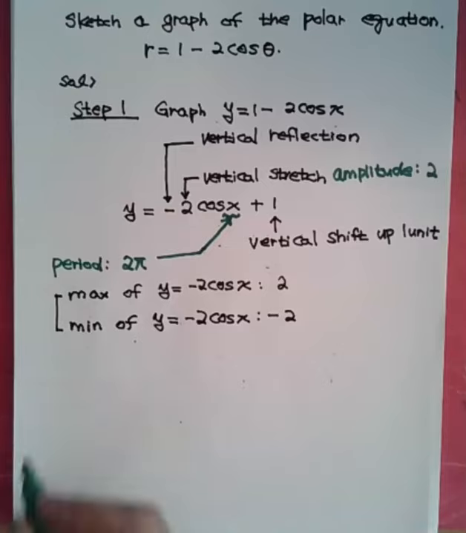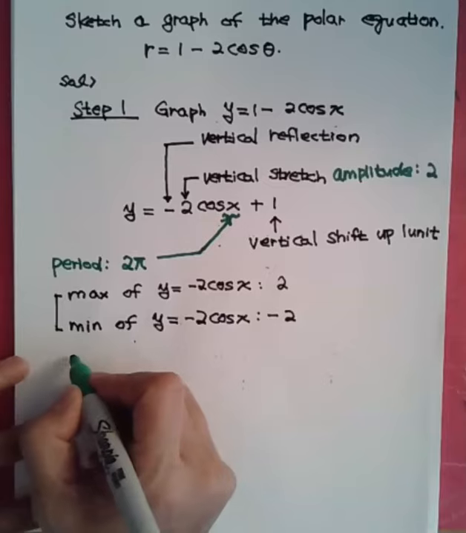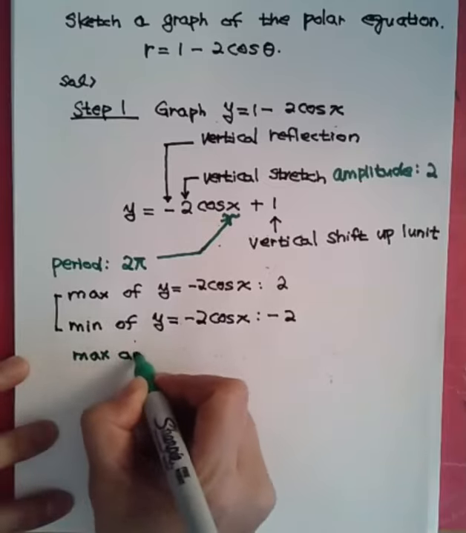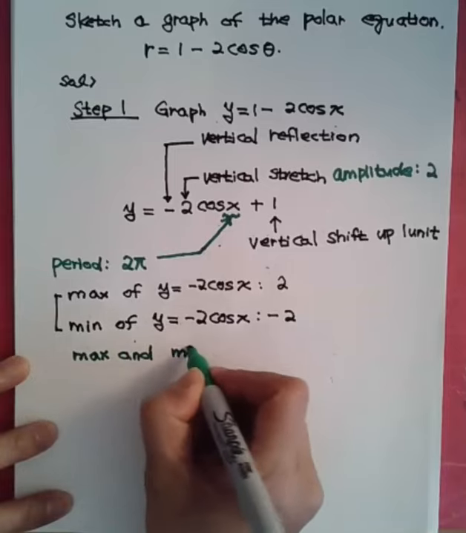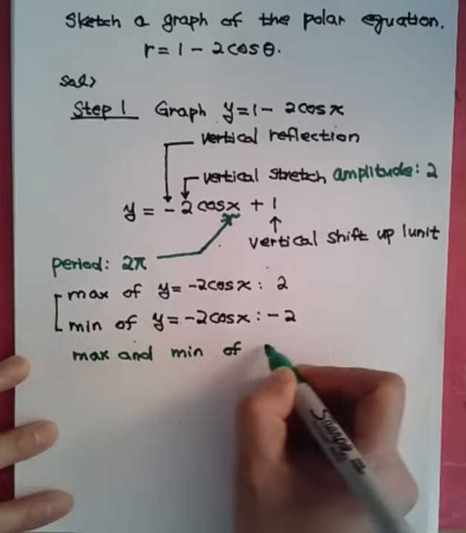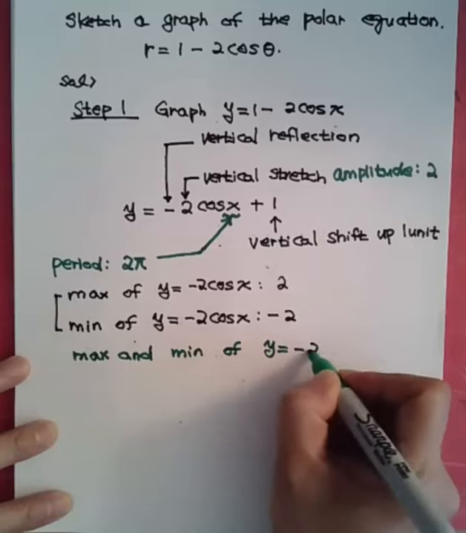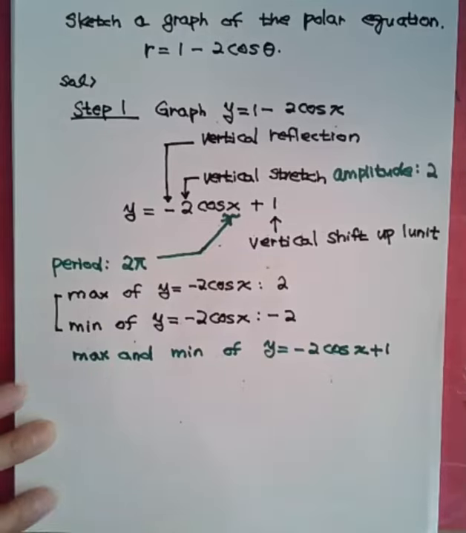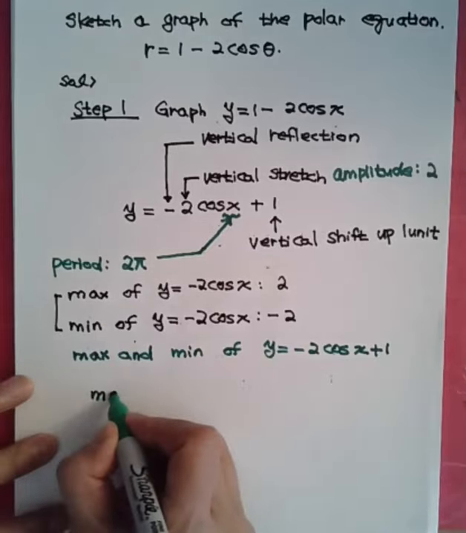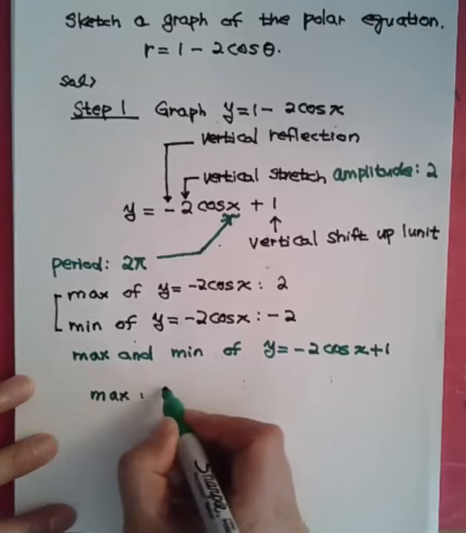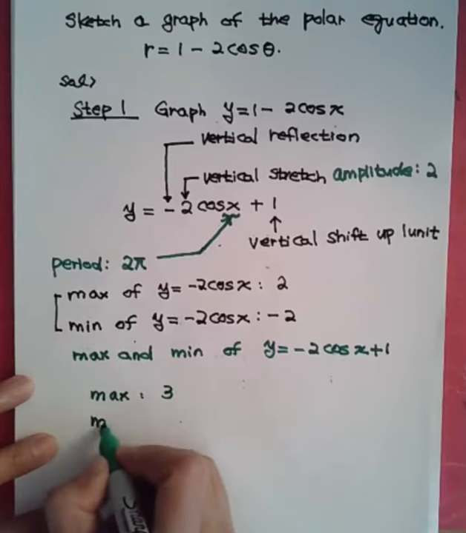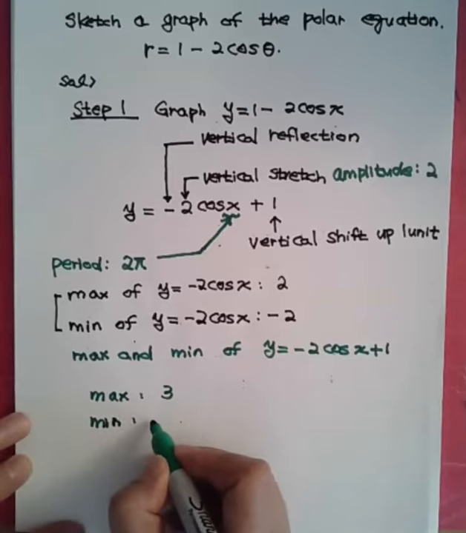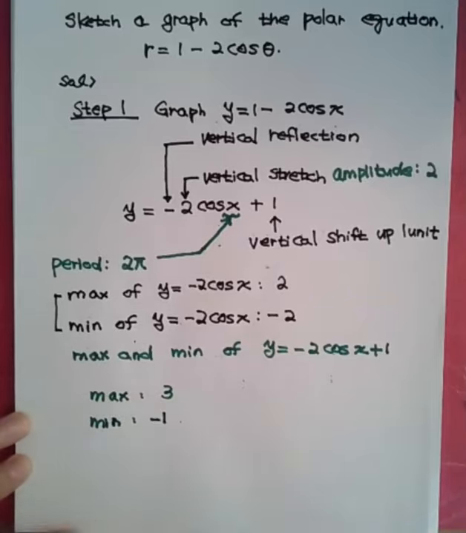By using this information, we can determine the maximum and minimum of y equals minus 2 cosine of x plus 1. Maximum is 3 and minimum is minus 1.